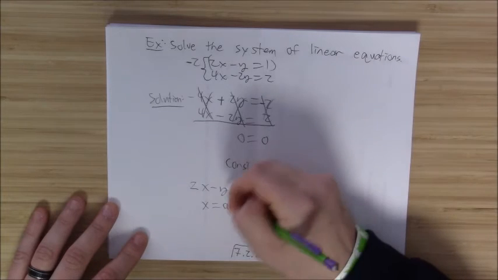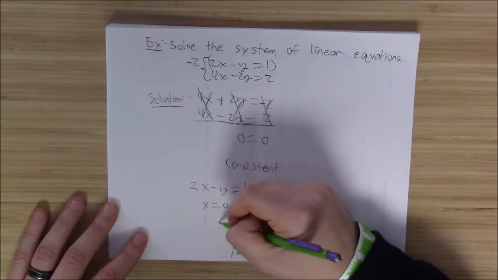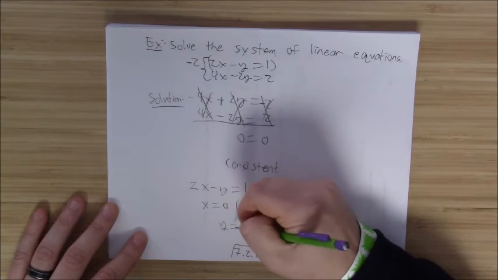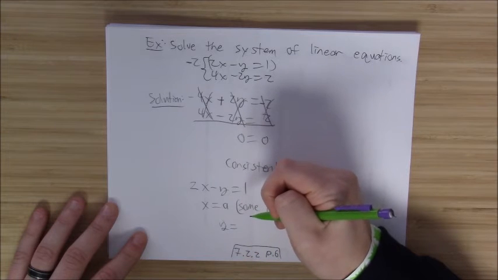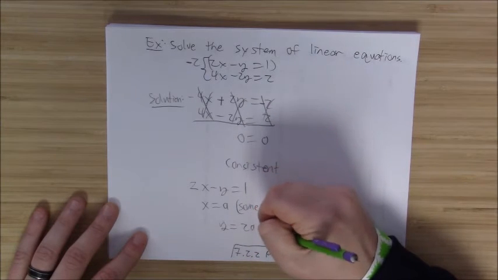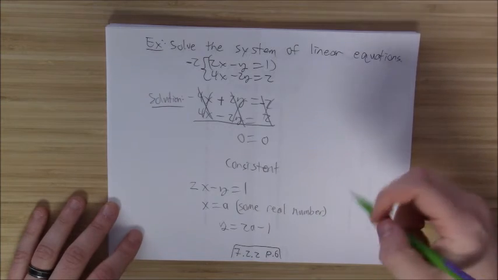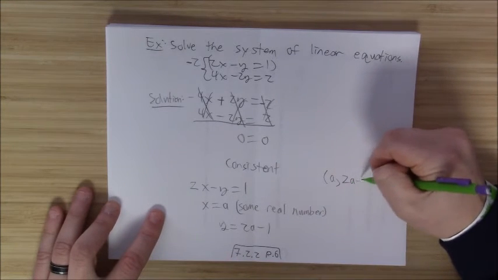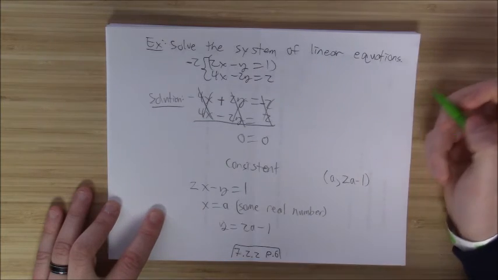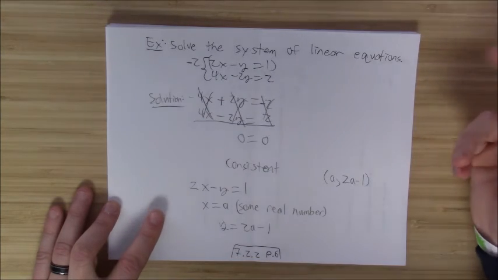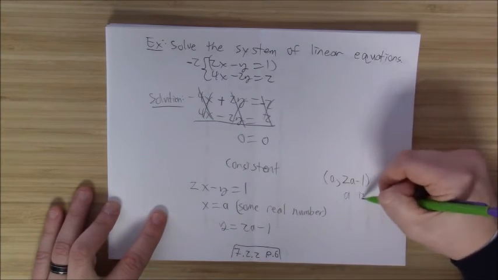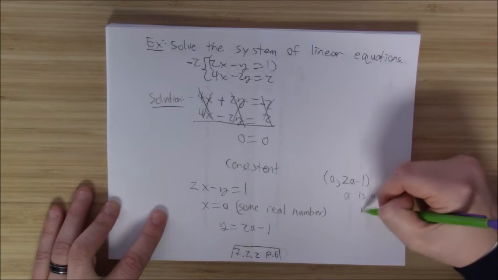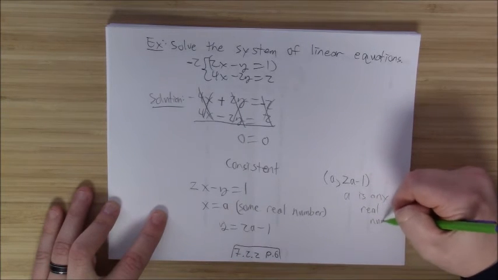And then if solving out, we would have that y is thus equal to 2a minus 1. So we get the set of ordered pairs a, comma, 2a minus 1, where a is any real number. And that's our actual solution.